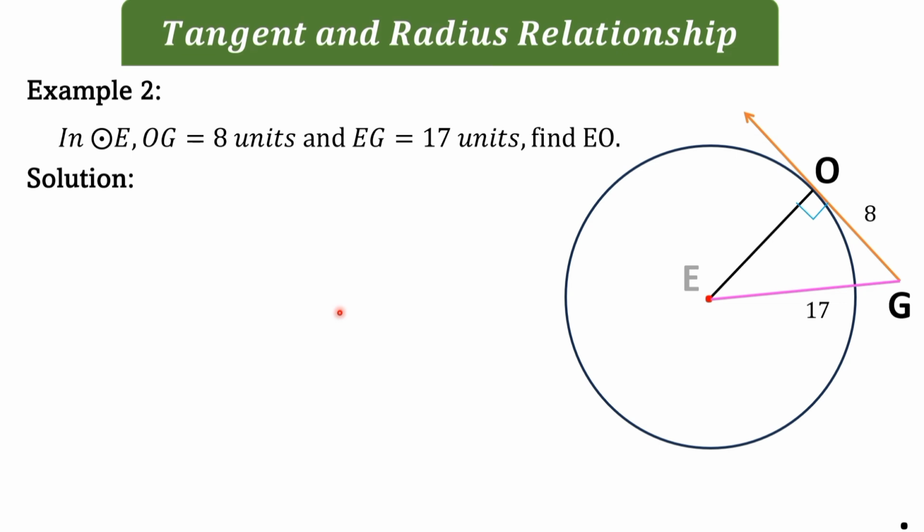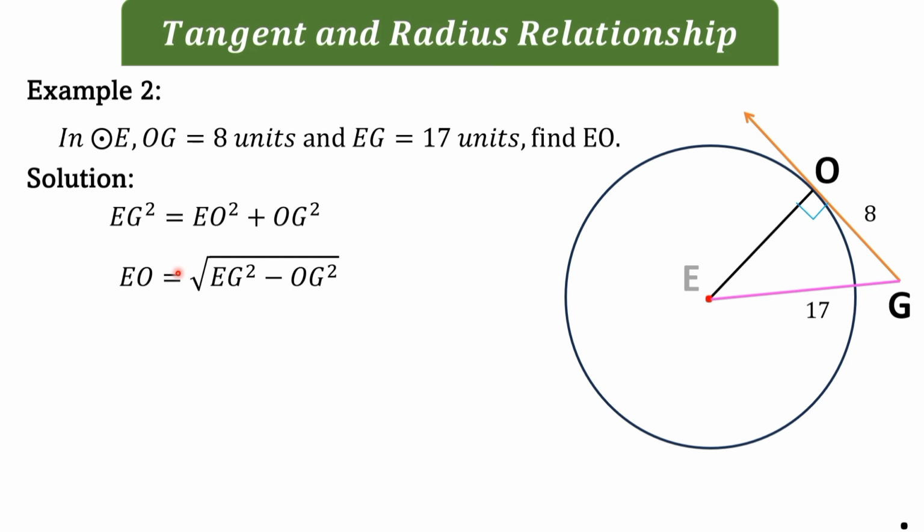Applying the Pythagorean theorem, EG squared is equal to the sum of the squares of the two legs. That is, EO is equal to the square root of the difference of the square of the hypotenuse and the square of one leg.